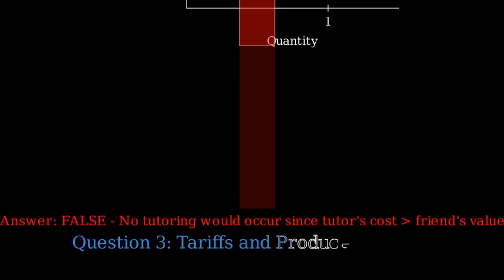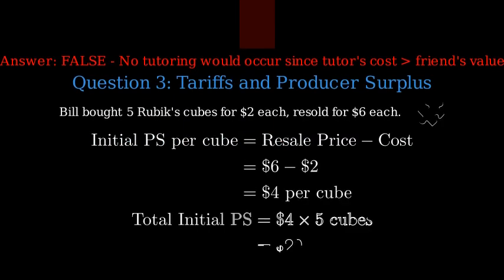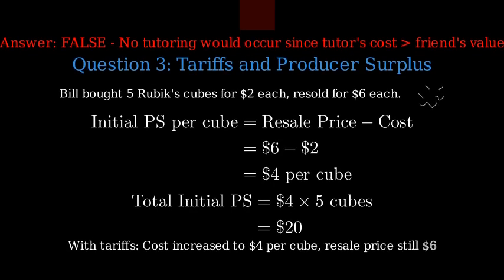Let's move on to question 3 about Bill and the Rubik's Cubes. Initially, Bill bought 5 Rubik's Cubes for $2 each and could resell them for $6 each. So Bill's producer surplus was $6 minus $2, which equals $4 per cube. Multiplied by 5 cubes, that's a total of $20. When tariffs came into effect, Bill had to pay $4 per cube instead, but kept the resale price at $6.